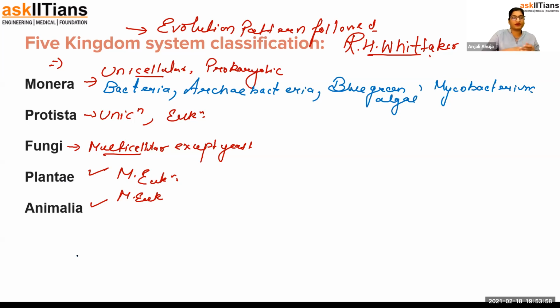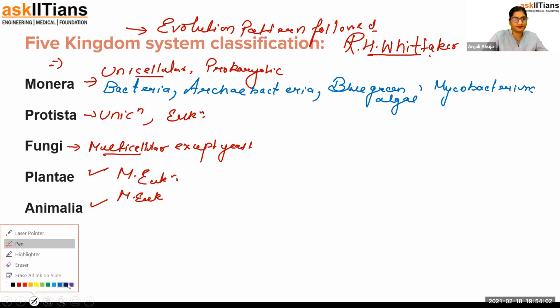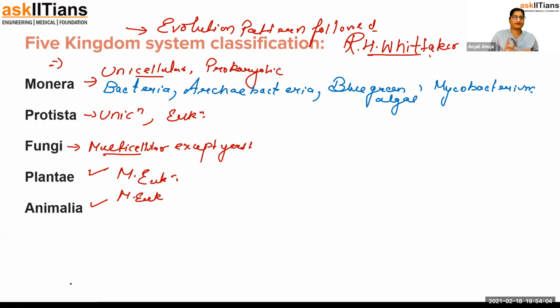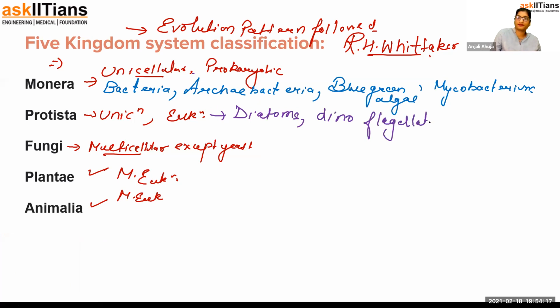Now let me give you examples of the Protista. I will write it with a different pen color. Okay, so into the Protista, examples are diatoms, dinoflagellates, and then euglena, protozoa.